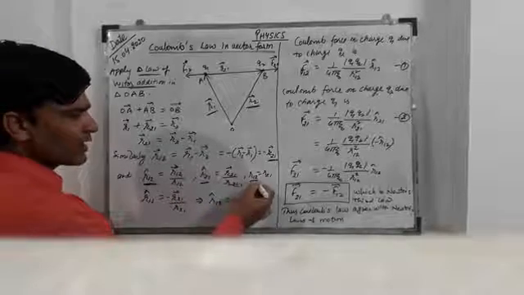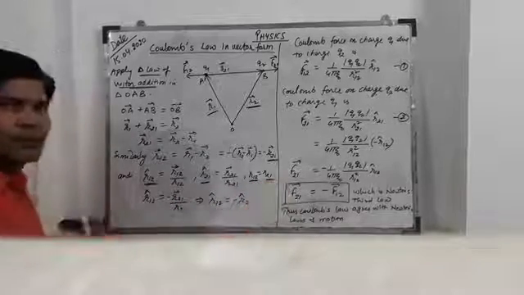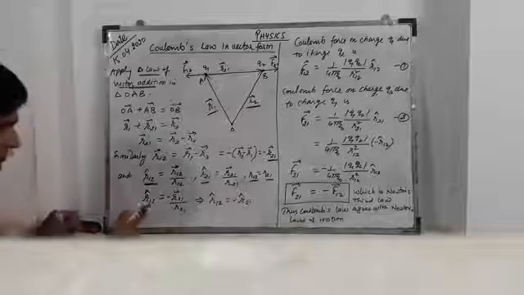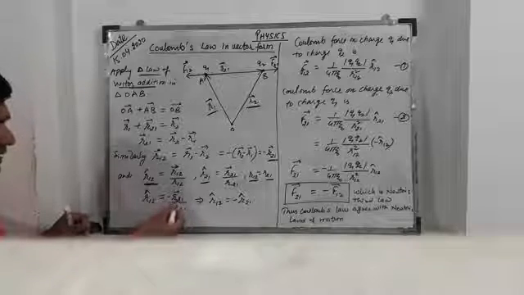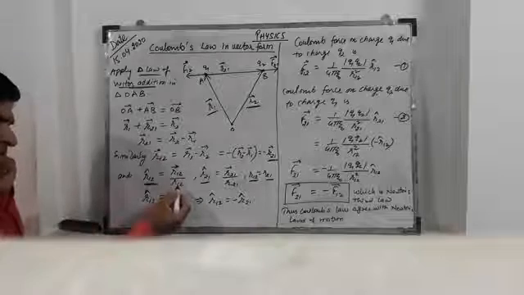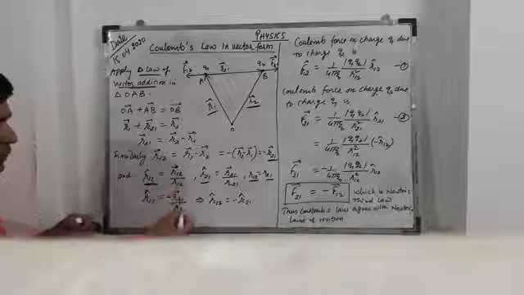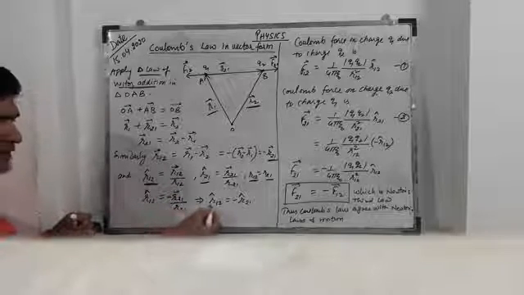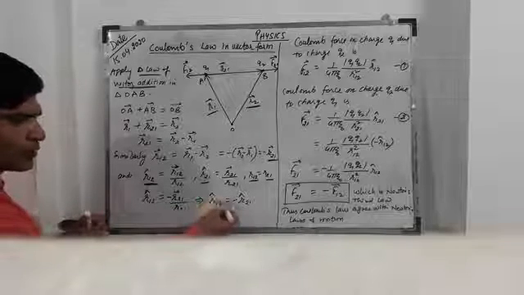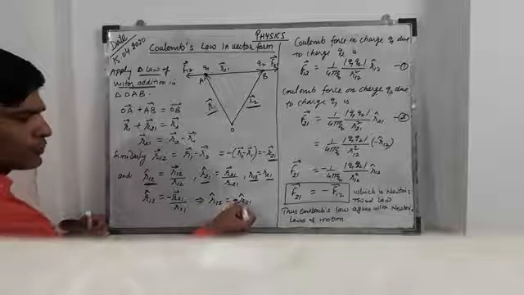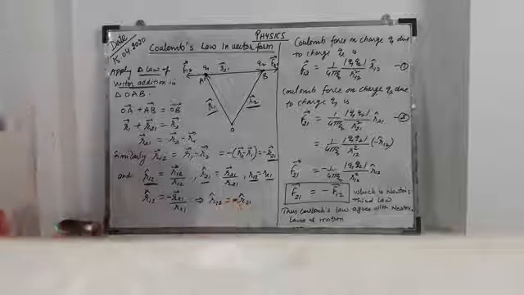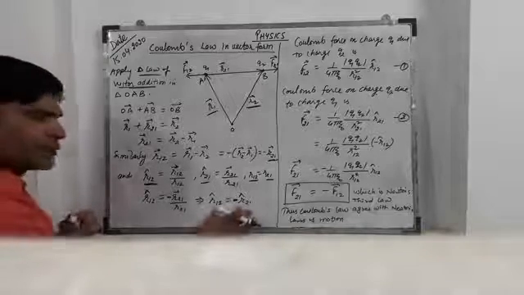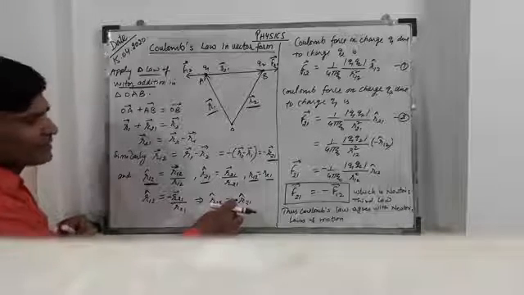In magnitude, R12 and R21 are both equal, so we replace R12 by R21 with a negative sign. In this way, the R12 unit vector is equal to the R21 unit vector with opposite direction. They are equal in magnitude but opposite in direction.